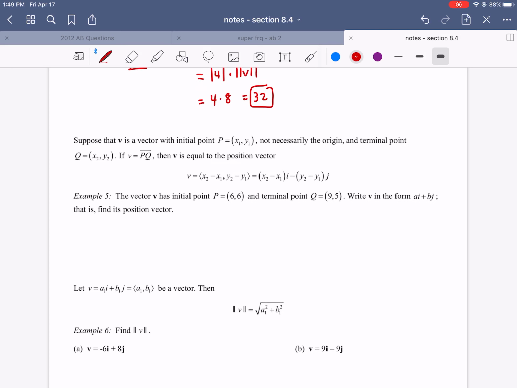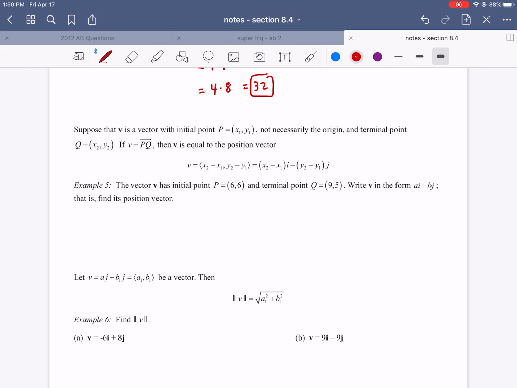Okay, in example 5, what we're going to do is take 2 points, an initial point and a terminal point, and create a vector or a position vector from those points. So the formula to do that is listed right here. I'm going to erase that just so that you can see it again. But basically, we're going to take the difference of the x-coordinates, and that's going to be our first component of our vector.